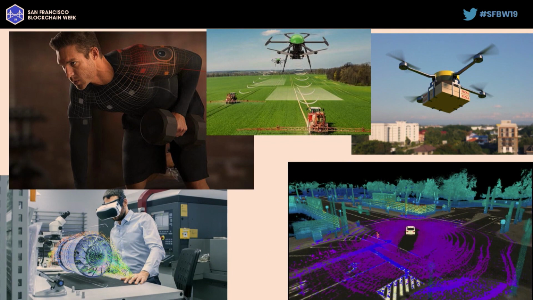We're going to have drones, autonomous cars, machine learning, VR, smart wearables, and much more data that will be generated and should be somehow processed and used in applications. If it's all built the old way, sending everything to the cloud, it obviously doesn't work.